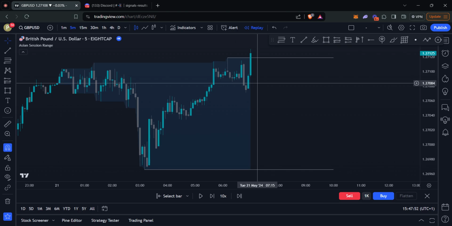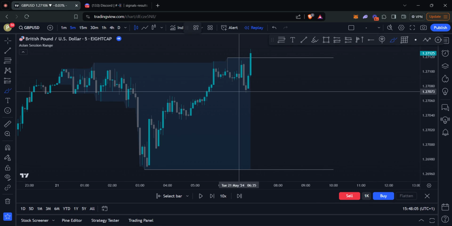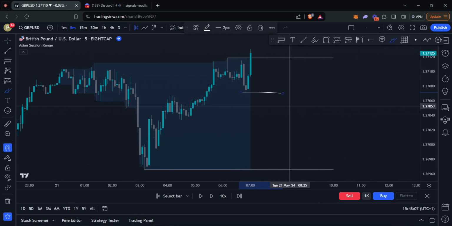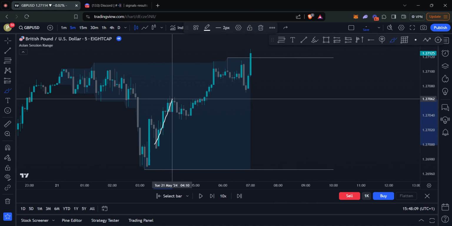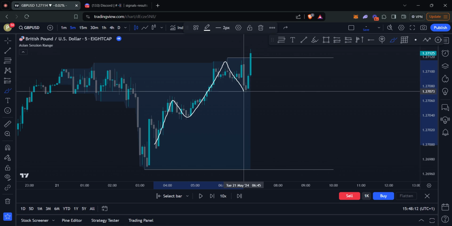So now this takes us nicely into step 2, which is we have to identify a market structure shift. In order for us to get a market structure shift, we would have to see price break and close below this low right here. The reason for that is because price was creating a series of higher highs, higher lows, higher highs, higher lows, and a higher high up here.